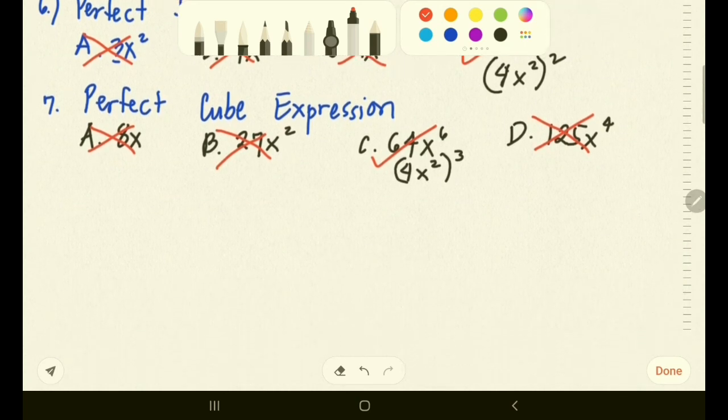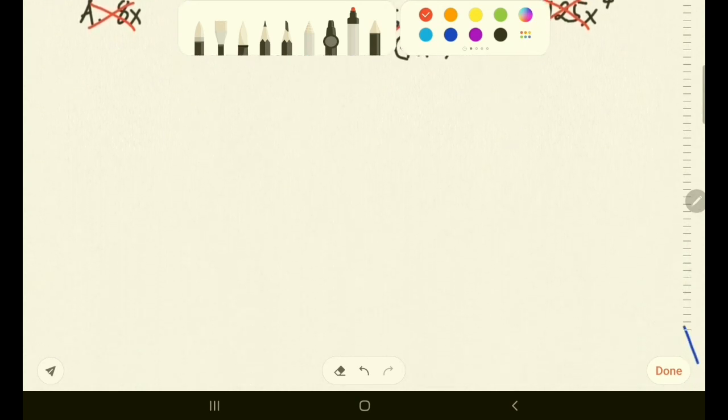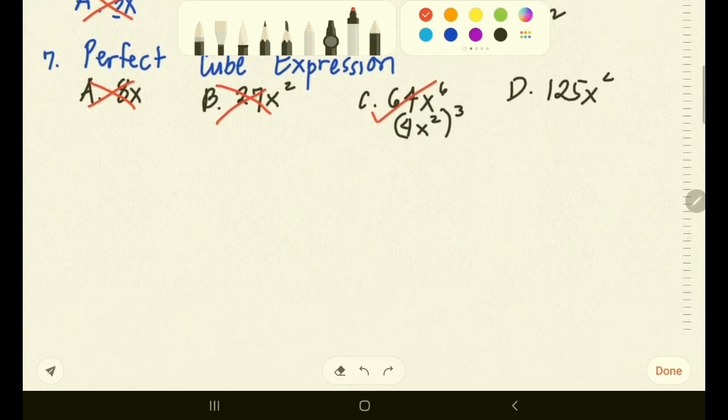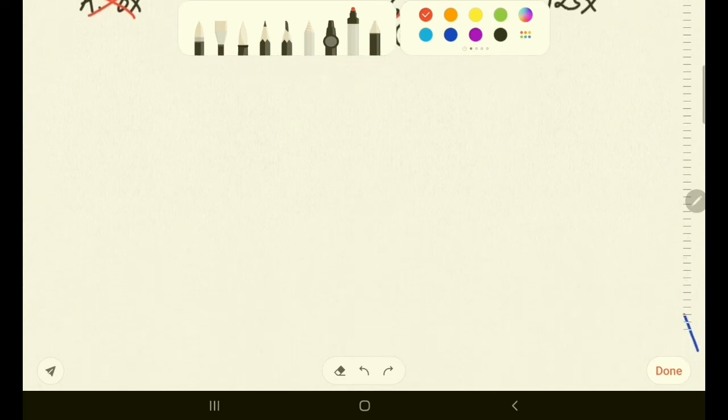Okay. Now proceed to number 8. For number 8, you're asked to factor z squared minus 16.